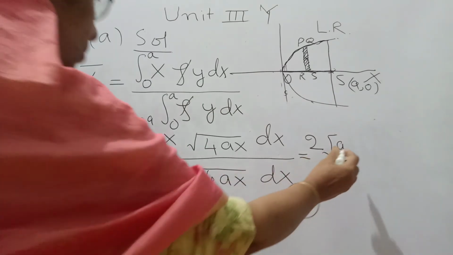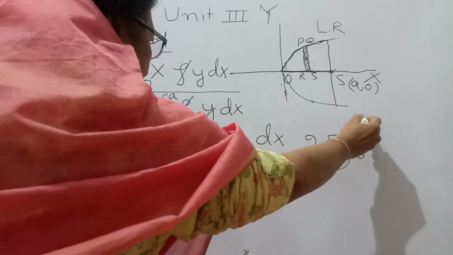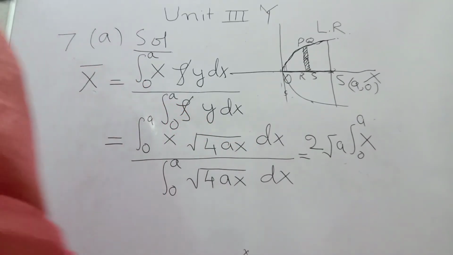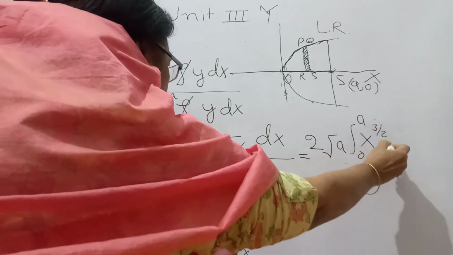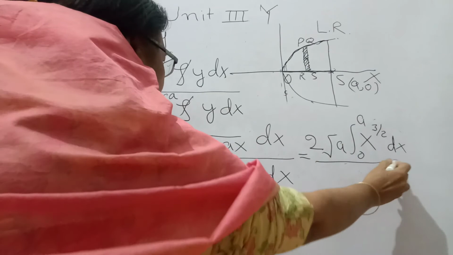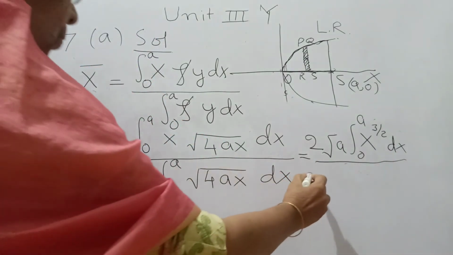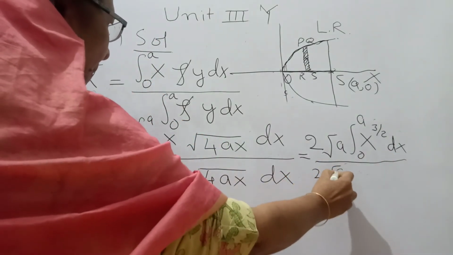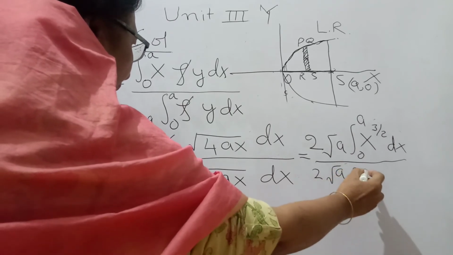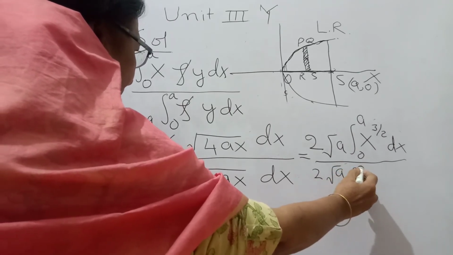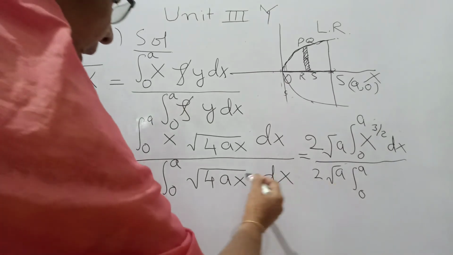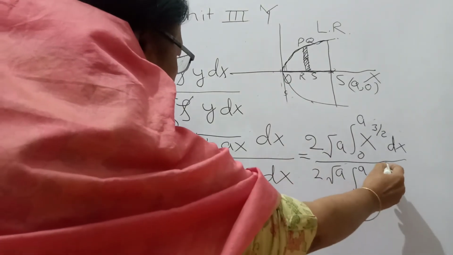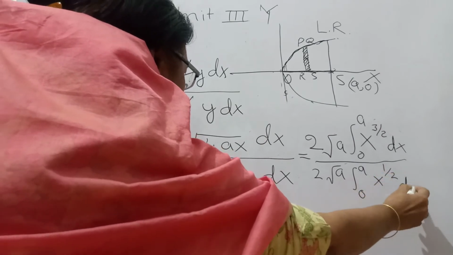Now 0 to a x to the power 3 by 2 dx divided by 2 under root a, then 0 to a x to the power half dx.